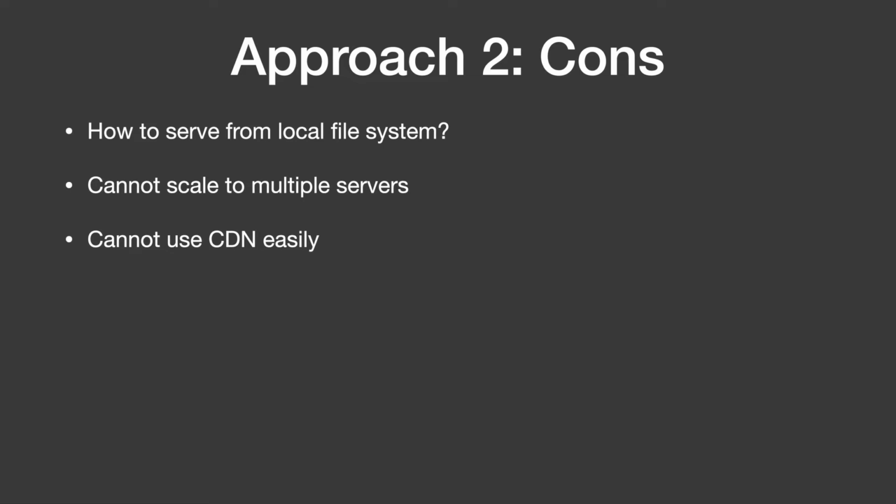Regardless, the problem is as you scale up or down, you would either have to duplicate the images in every single machine, which becomes very difficult to do, or somehow you need to use some proxy server where you store all the images, which again gets very, very messy. And lastly, similar to approach one, you cannot use CDN very easily with this approach, which becomes a problem too as you scale your app.